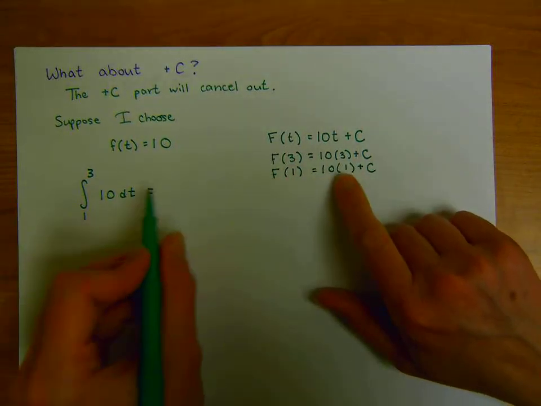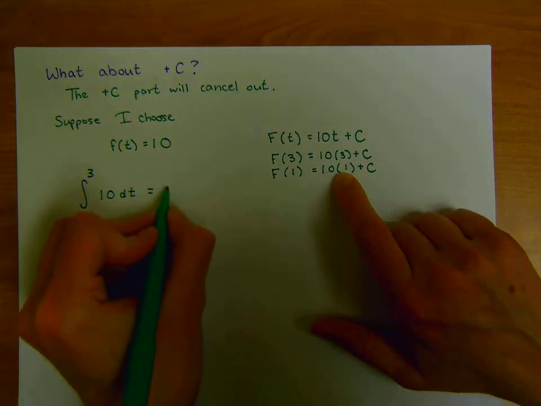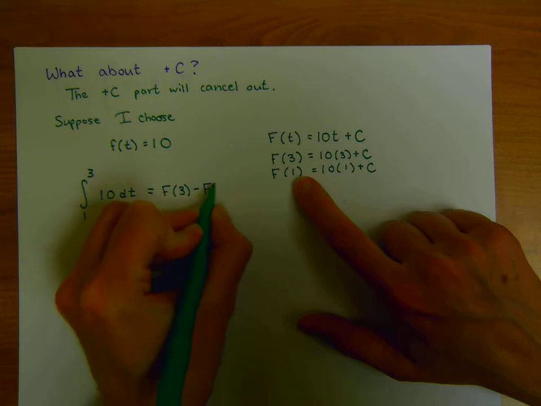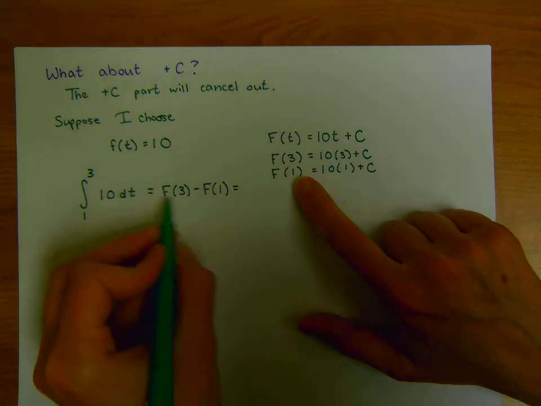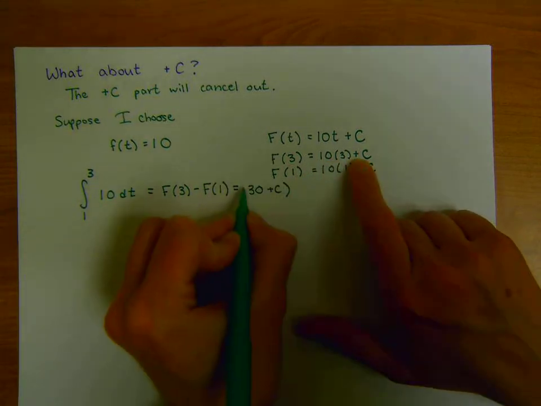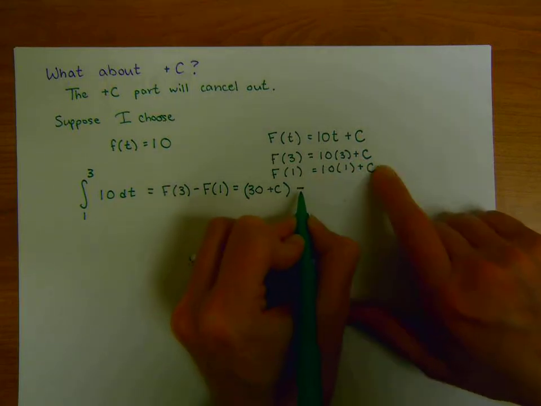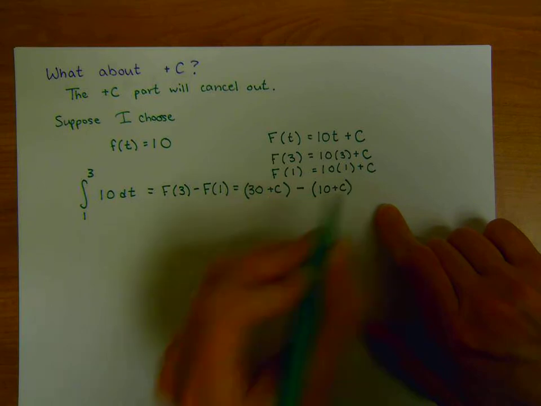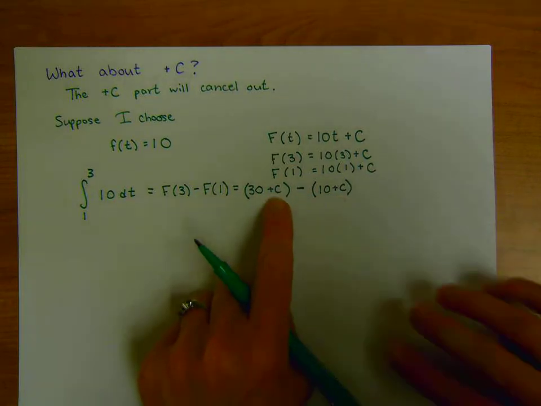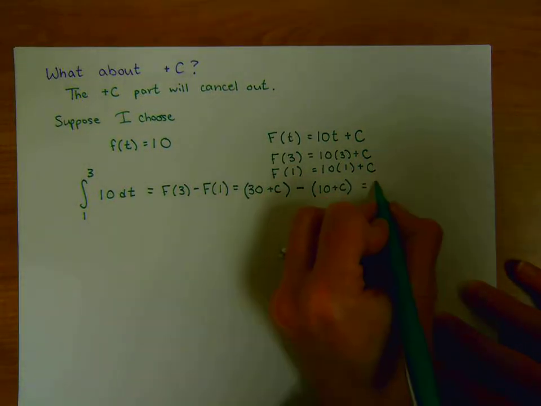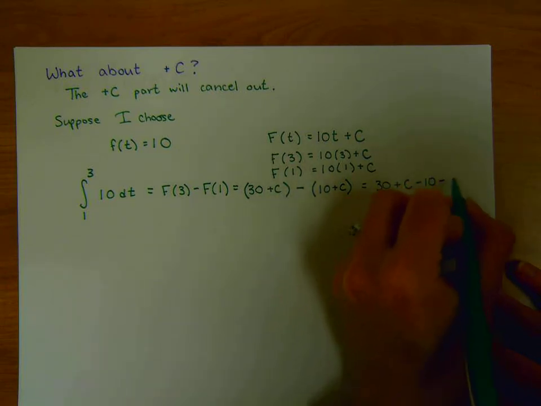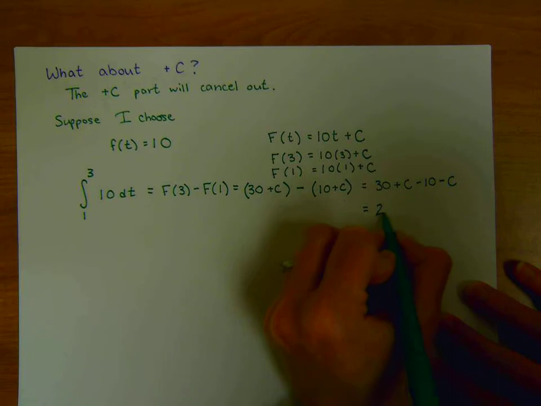That means that the difference, f of 3 minus f of 1, is going to be equal to this 30 plus c minus this whole thing, 10 plus c. And you see that the plus c's cancel. I end up with 30 plus c minus 10 minus c, which is indeed equal to 20.